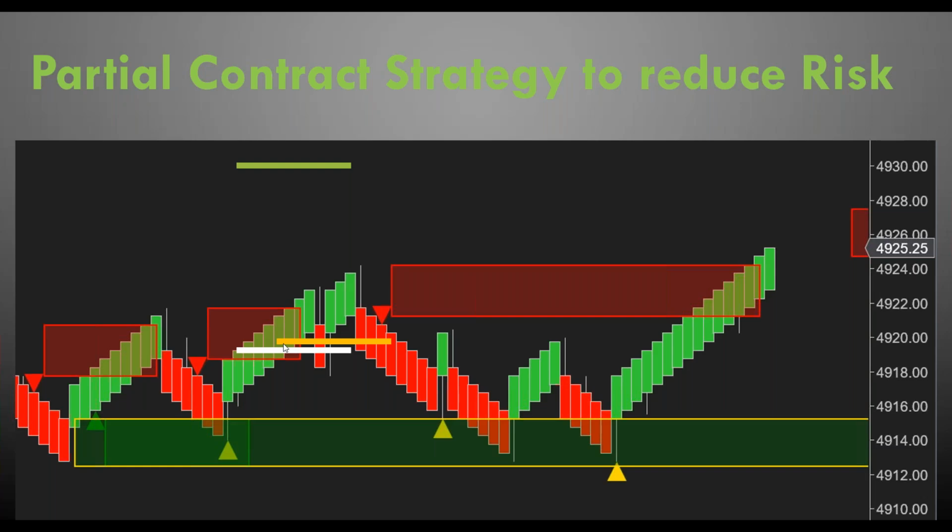Now the question is, what is the real best way to manage your trade but still reduce your risk? That's the question a lot of our customers ask us every single time, right? Every time there's a trade, your risk is the most important part, and how you reduce it.